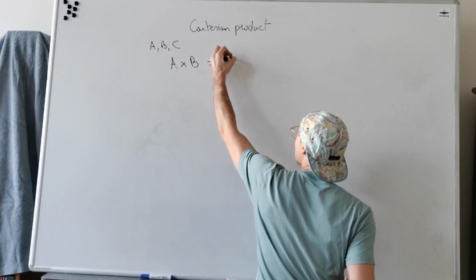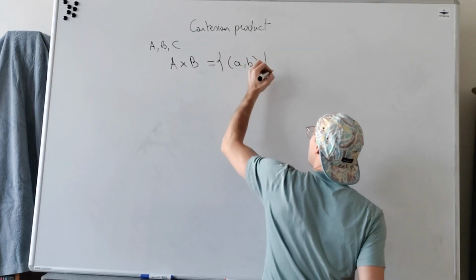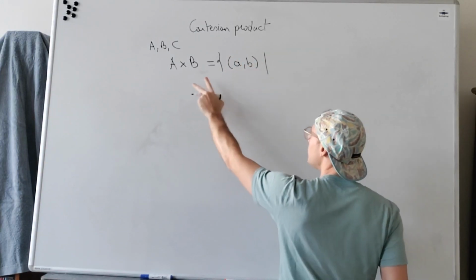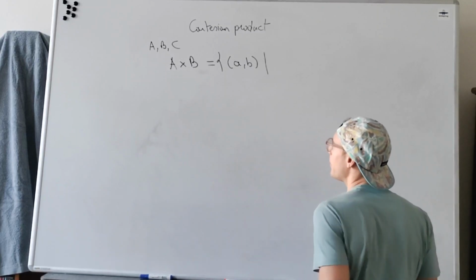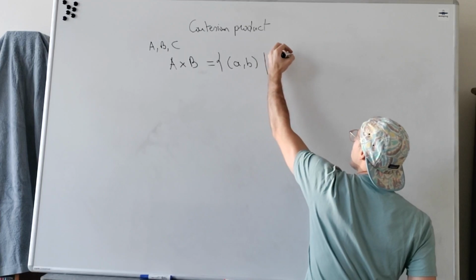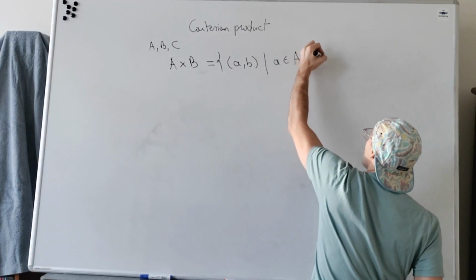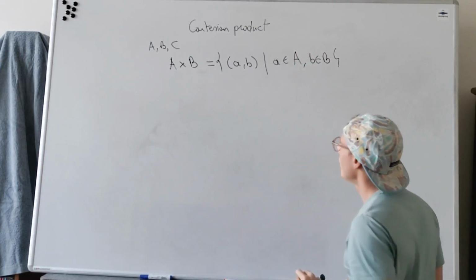In this case, the elements look like tuples (a, b), because we're taking a product of two sets here. A tuple (a, b) for which it holds that, you guessed it right, a is an element of set A and b is an element of set B.